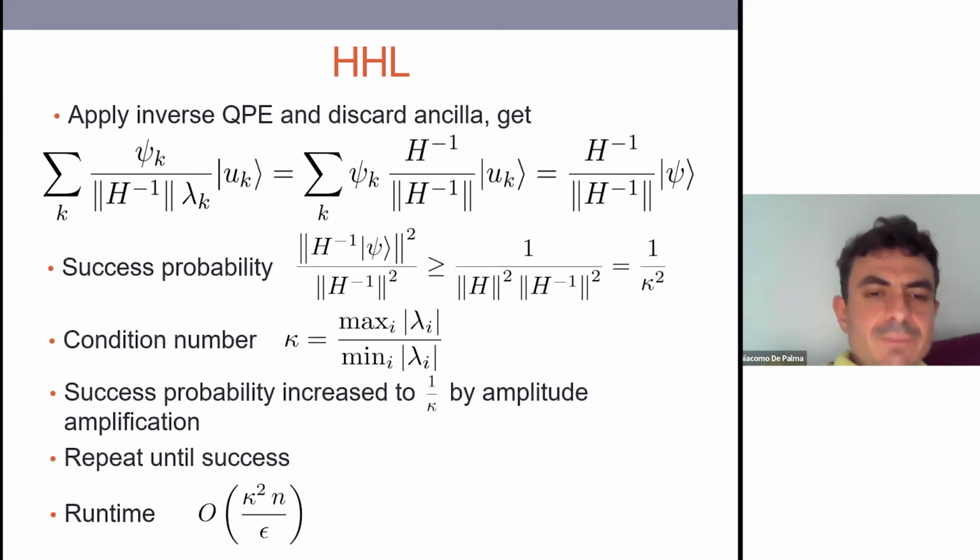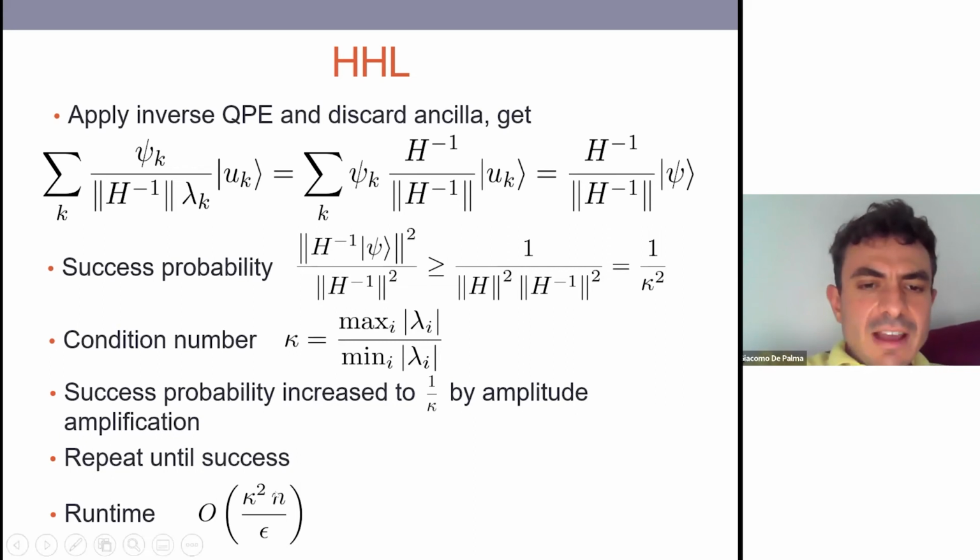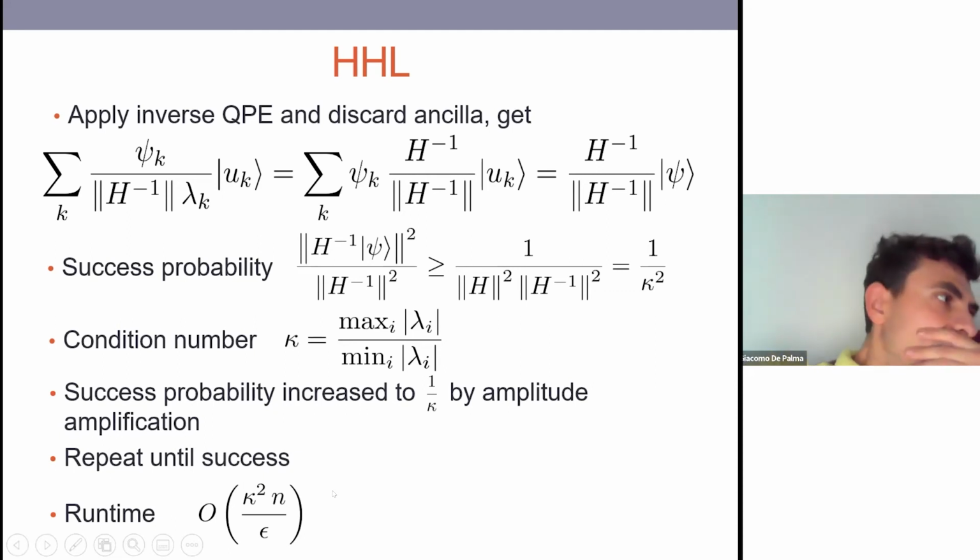And actually it can be shown to be k squared n over epsilon, where epsilon is the precision that we require in the approximation of the state H^-1 psi. And actually, let's say the bottleneck of this version of the HHL algorithm is exactly this bad scaling with the precision, this 1 over epsilon scaling.